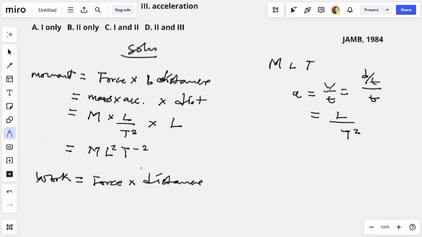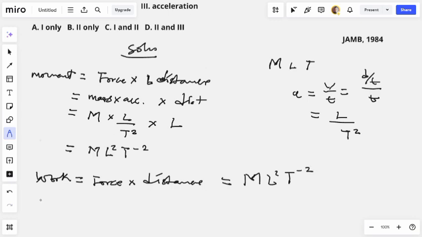The only difference is that in moment you are talking about perpendicular distance, that's distance that is at 90 degrees from the line of action. But when you say work, what we are considering is the product of force and distance, whether it's perpendicular or not. So that's the only difference between moment and work. Moment and work have the same unit. Since it's the same, it will still go with the same analogy. So the dimensional unit for work will be M L squared T minus 2.